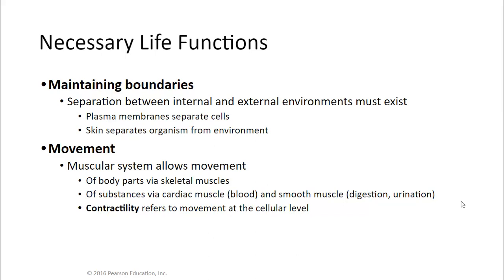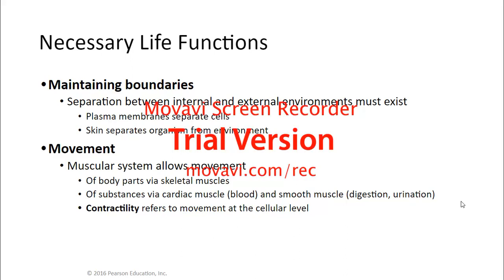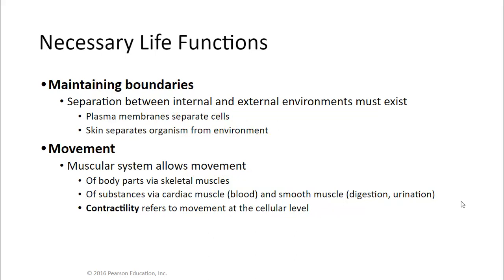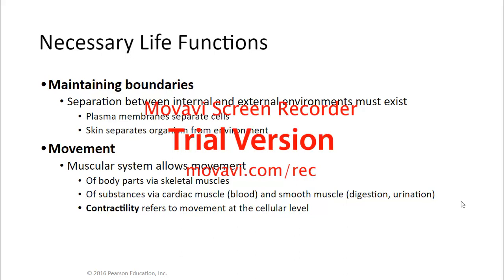Other animals have different ways of moving. Even cells, the sperm, for instance, has the flagella that it uses to move. So even at the cellular level, you have movement, but our muscular system at the macroscopic level is what allows us to move. And contraction refers to movement at the cellular level. We're going to talk more about contraction of the muscles when we talk about the muscular system.